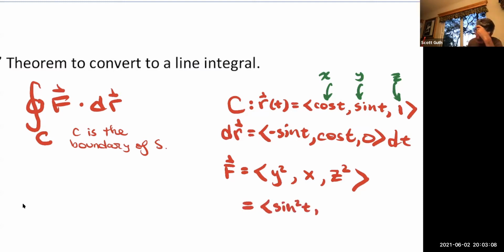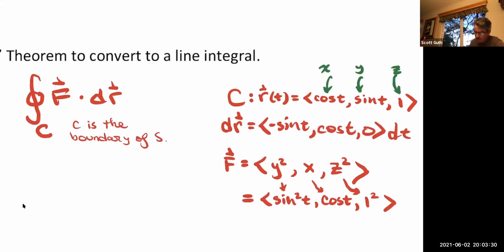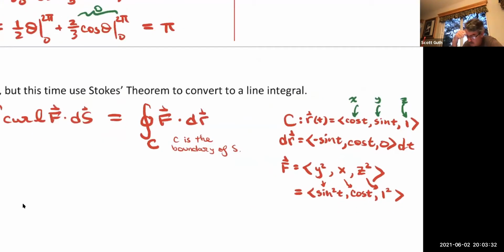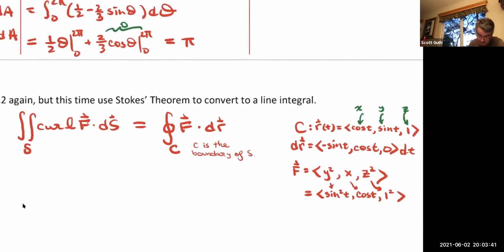Then x is cos t. And then z squared, that's just going to be 1 squared. Because again, you're only evaluating this field at points along the curve, because on a line integral, you're restricted to the curve. Okay, is there any question here?